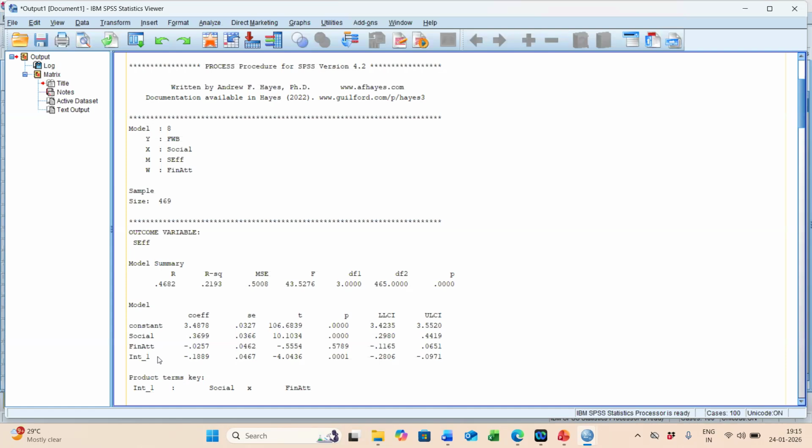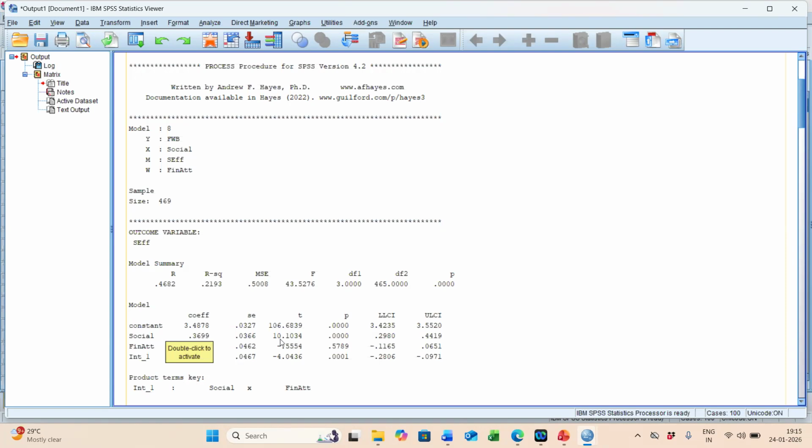And also you can copy these coefficients and place them just above the lines, moving from socialization to self-efficacy, financial attitude to self-efficacy, and so on. So the diagram will be beautiful and will show more information. Okay, let us see.